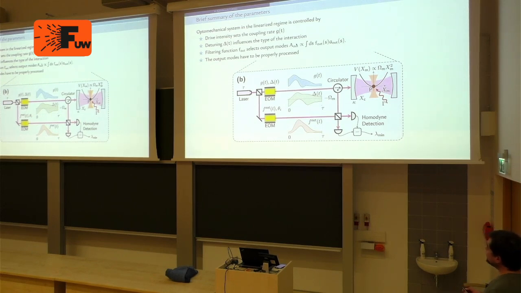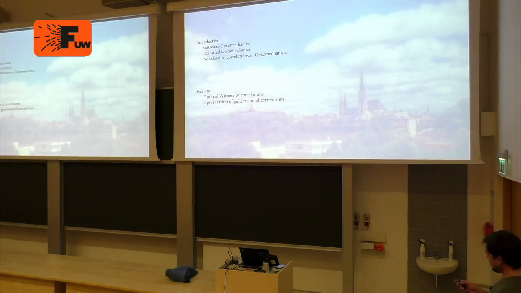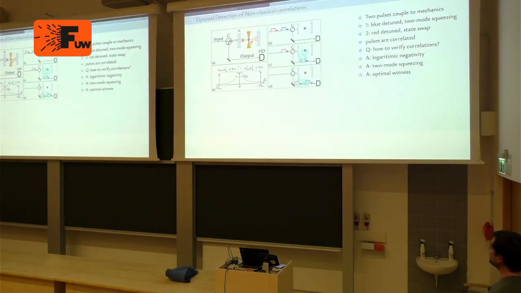Furthermore, we have some freedom in how we select the output mode. So essentially, where do we look for the entanglement in the output? Right, and then we have to apply a proper figure of merit, but about this I will talk now, right?